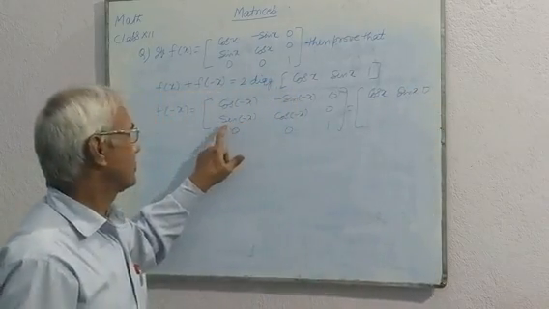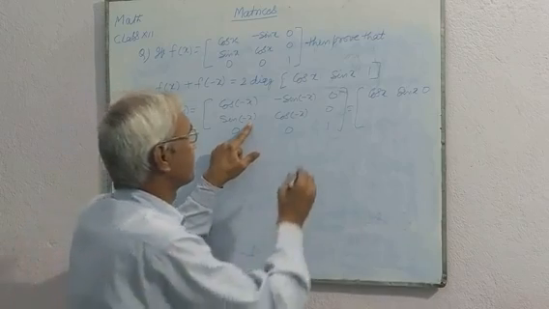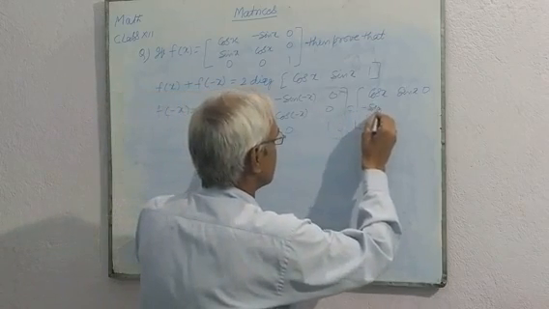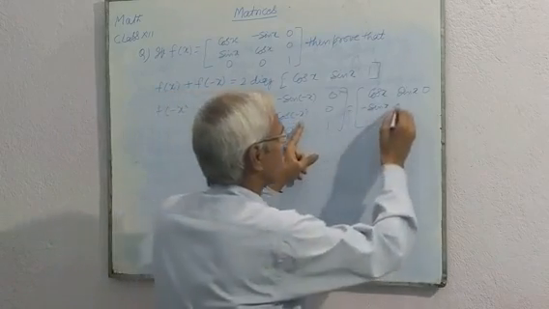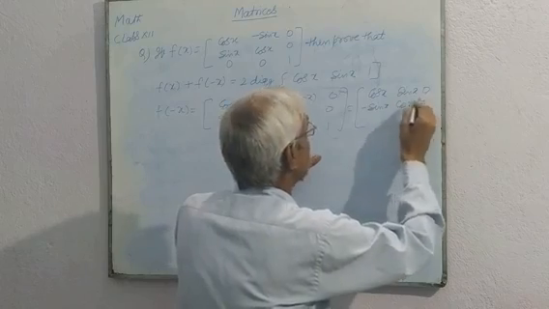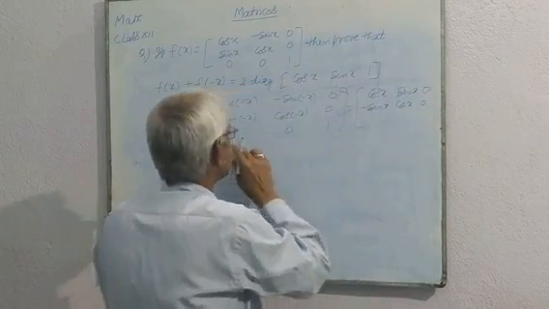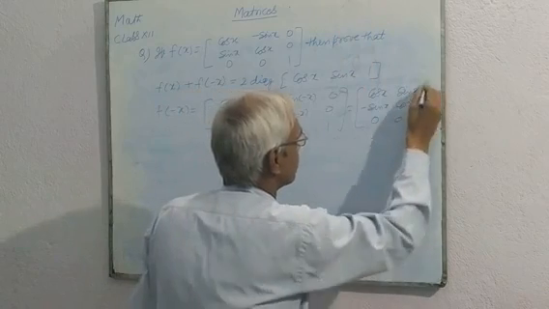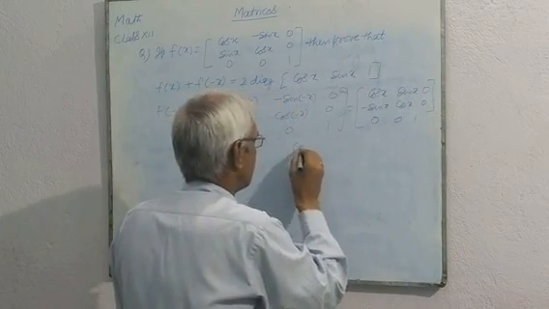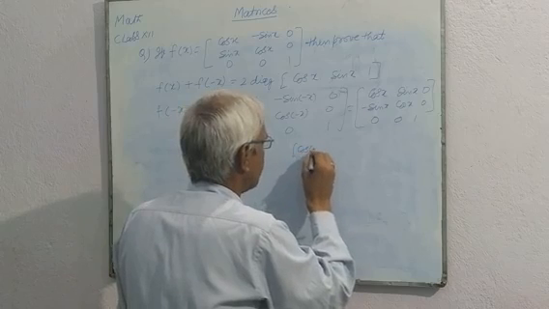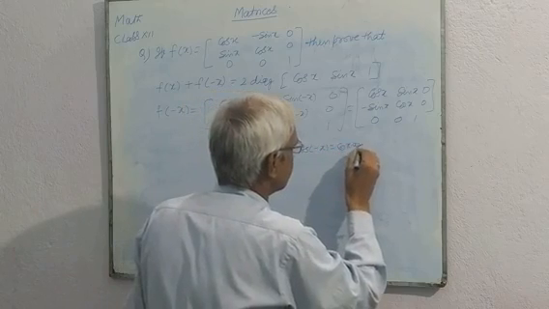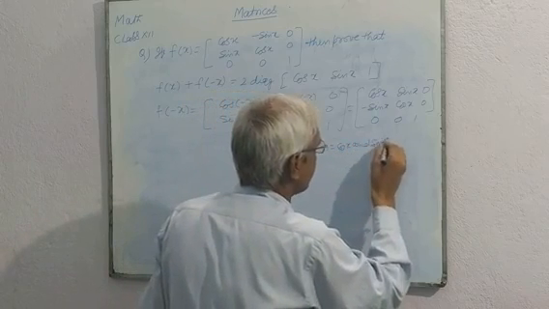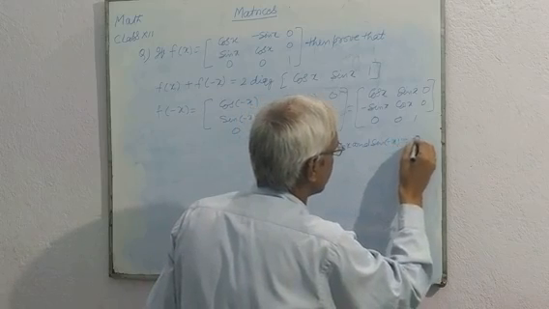Again sin(-x) equals minus sin x, cos(-x) equals cos x, and the last row is 0, 0, 1.